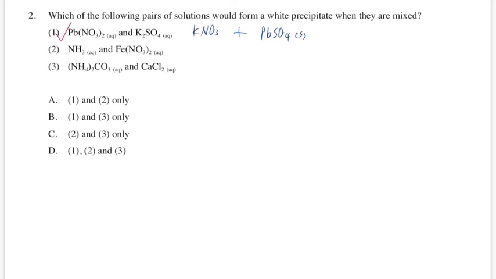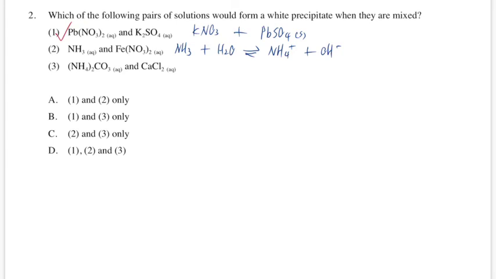How about the second one? What is going to happen when we react ammonia solution with iron 2 nitrate? In ammonia solution, the ammonia reacts with water to give ammonium ion and hydroxide ion.